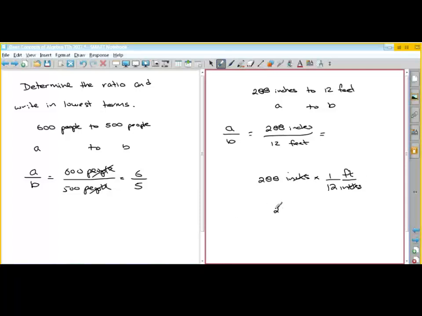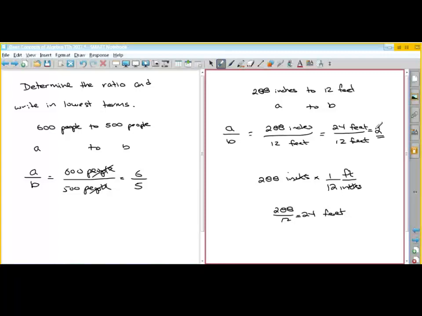You see the inches cancel out, and I divide 288 by 12, and I get 24 feet. So my original ratio here is 24 feet divided by 12 feet, and that gives me 2, a ratio of 2.